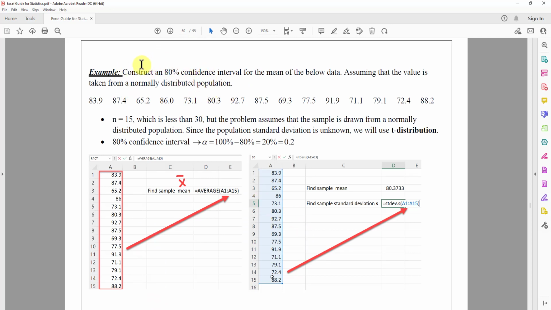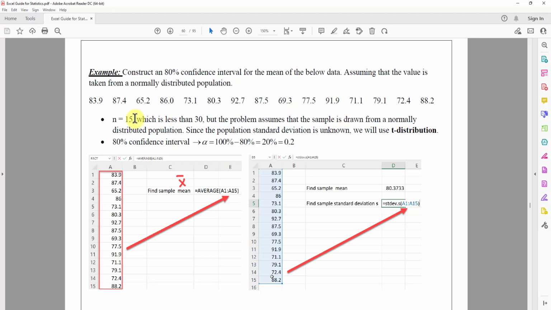In this case, we want to construct an 80% confidence interval for the mean of the below data, assuming the value is taken from a normally distributed population. So we are given the fact that these data are coming from a normally distributed population.